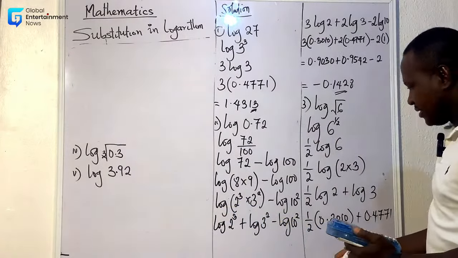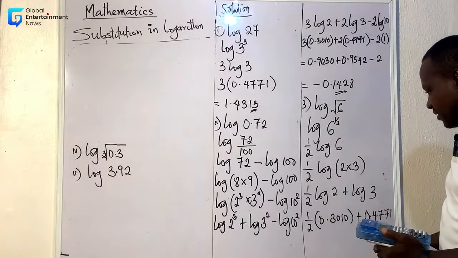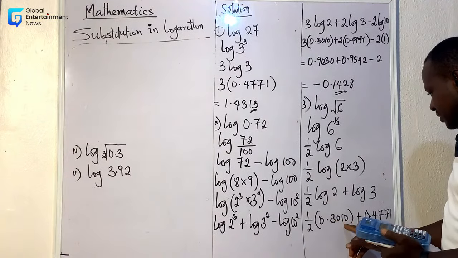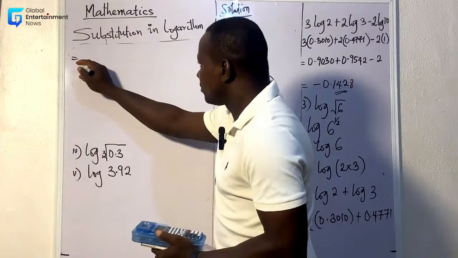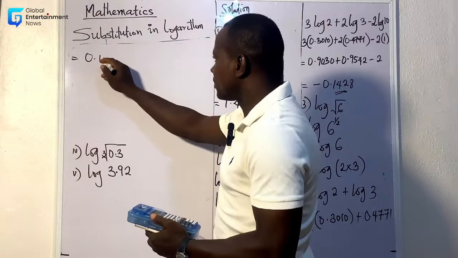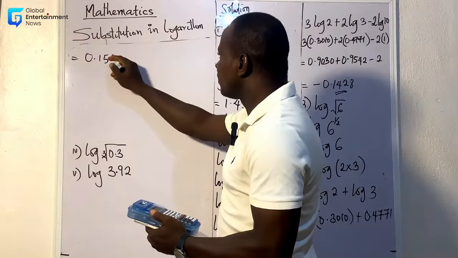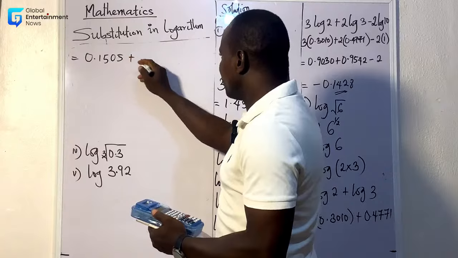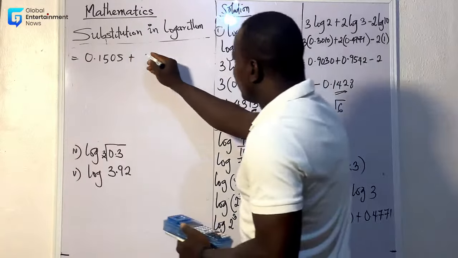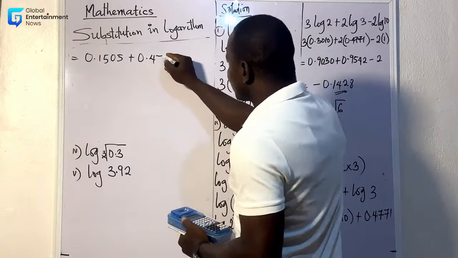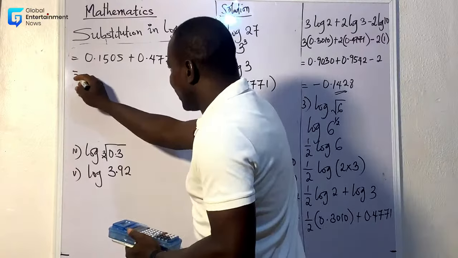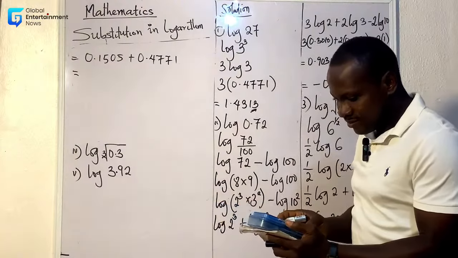So I multiply 0.5 times 0.3010, and it gives me 0.1505. Then plus, what do we have here? We have 0.4771.